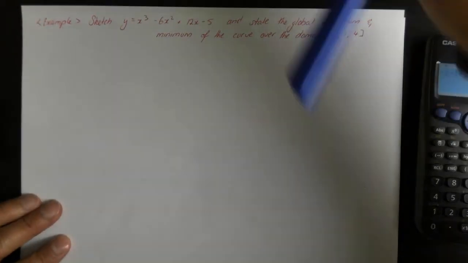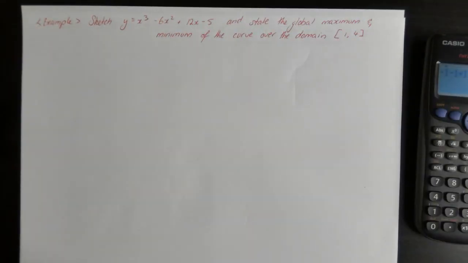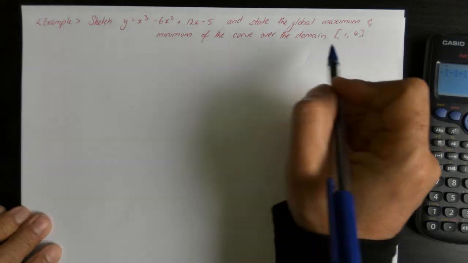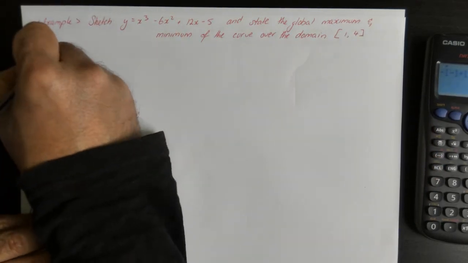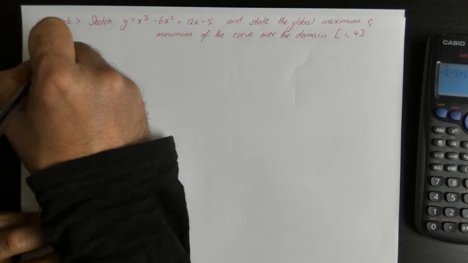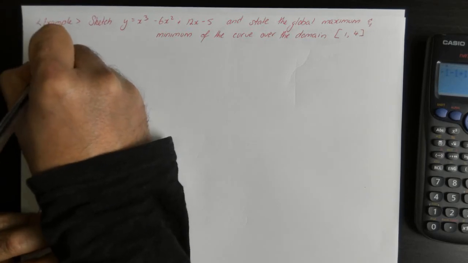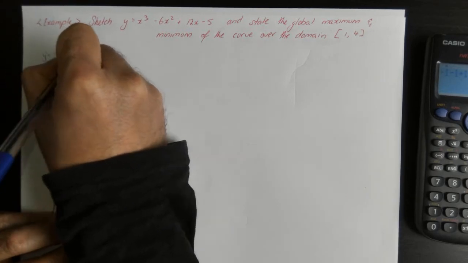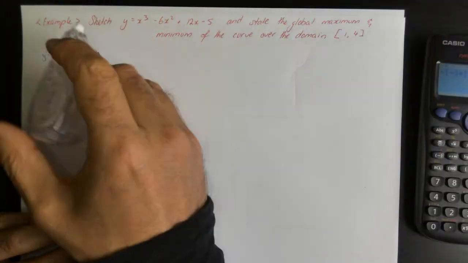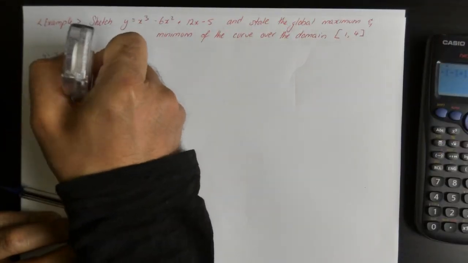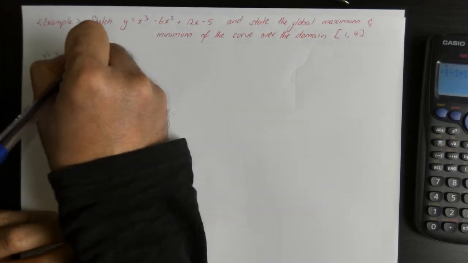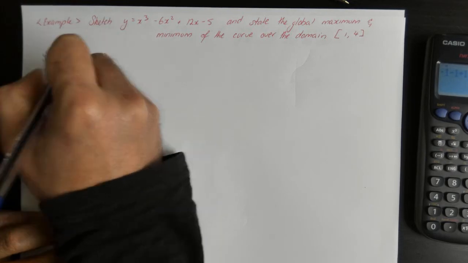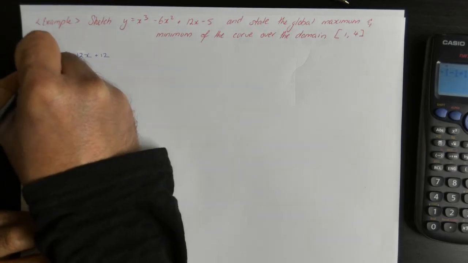Alright, let's look at this one. We want to sketch this curve and we want to find the global maximum and minimums in the domain between 1 and 4. Okay, so I'm going to differentiate it first. And I'll differentiate it again.